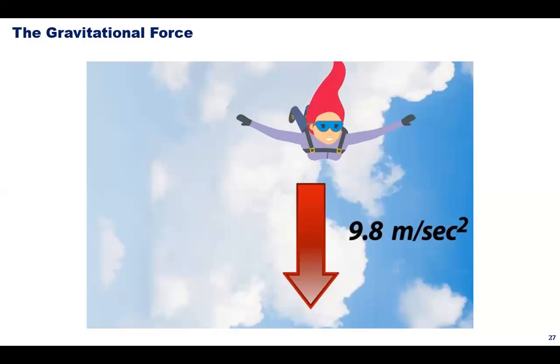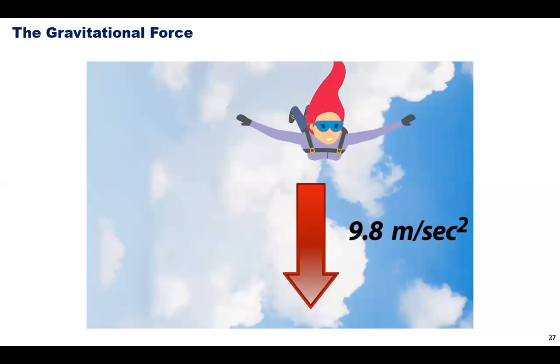In the absence of air resistance, the acceleration due to gravity near the Earth's surface varies depending on the distance from the Earth's surface. At or near Earth's surface, the acceleration due to gravity is 9.8 meters per square second with direction down.